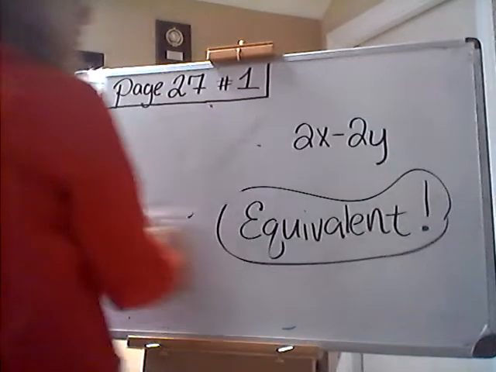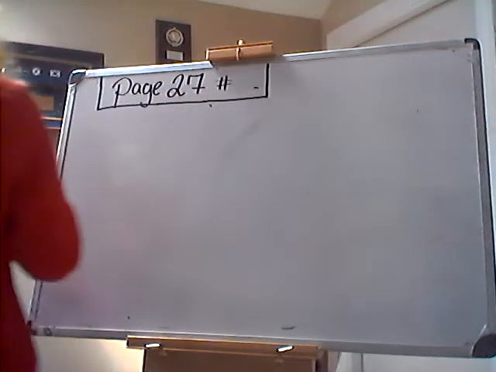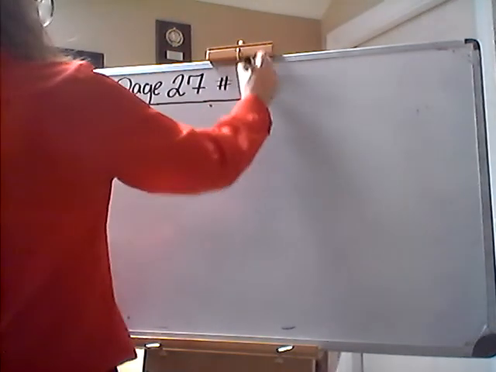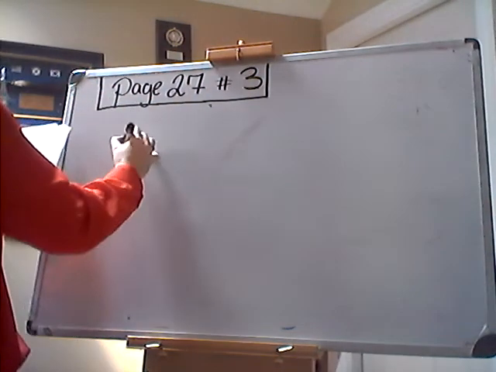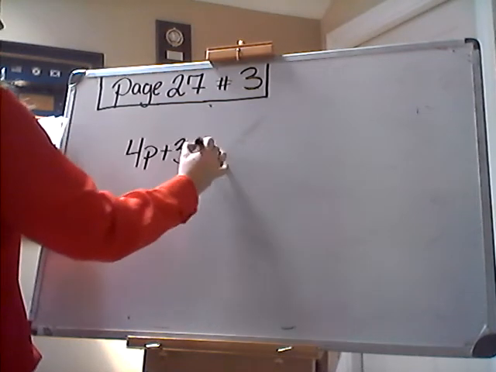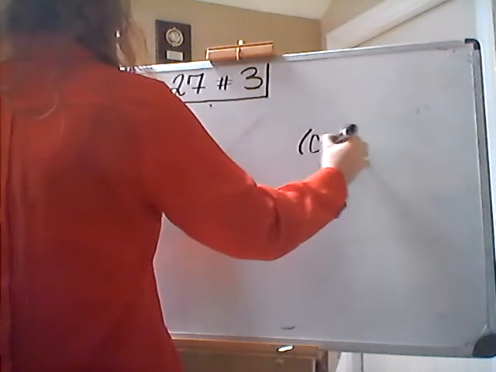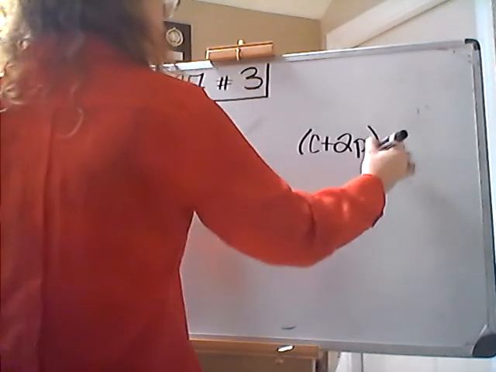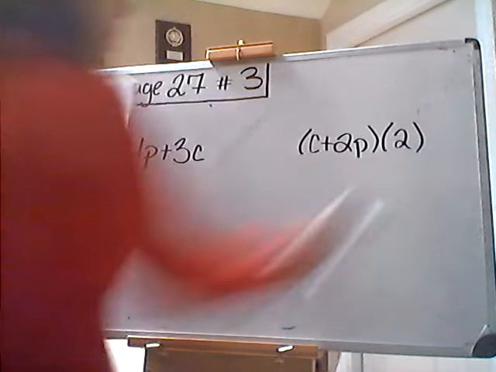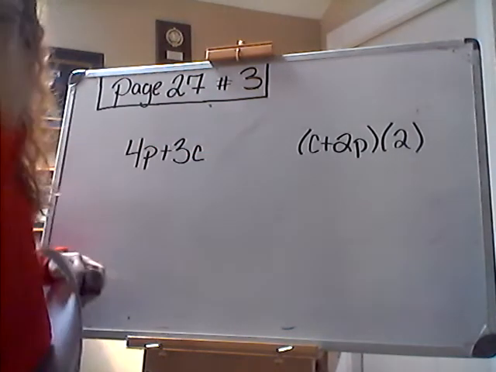Let's do page 27, number 3. One of them is 4p plus 3c, and the other is c plus 2p times 2. This one's the one that can be distributed.